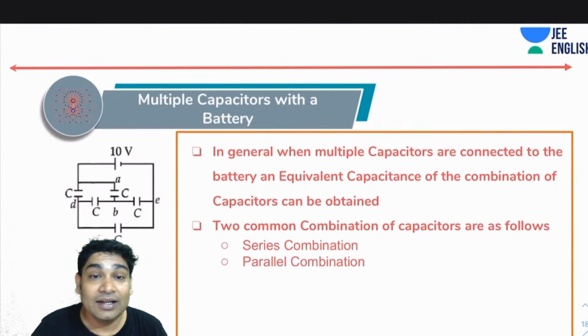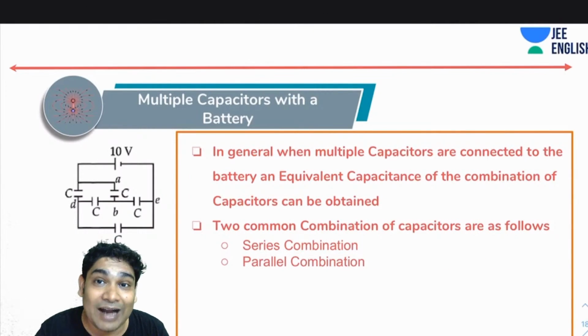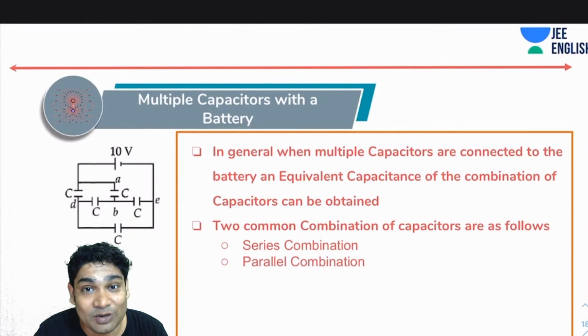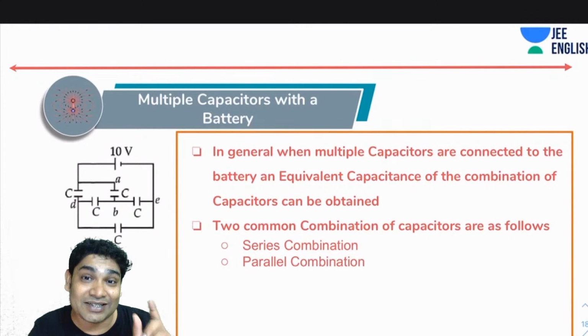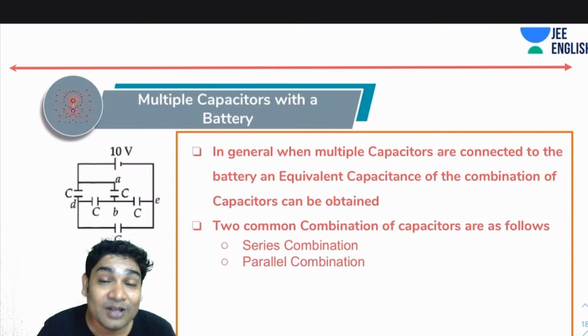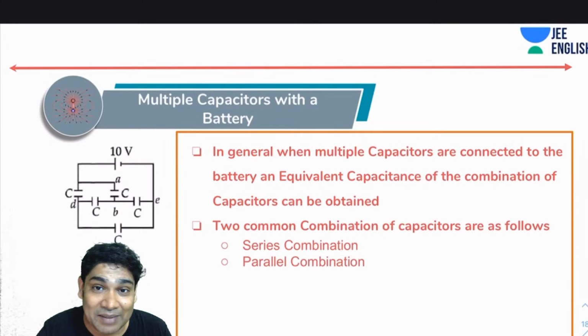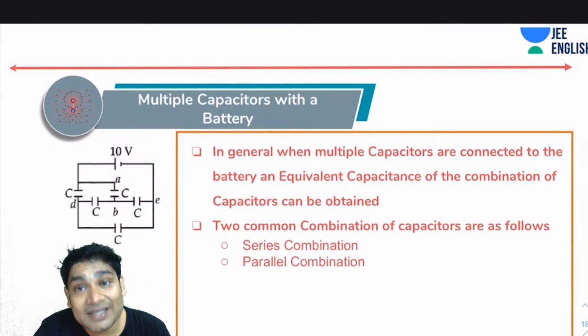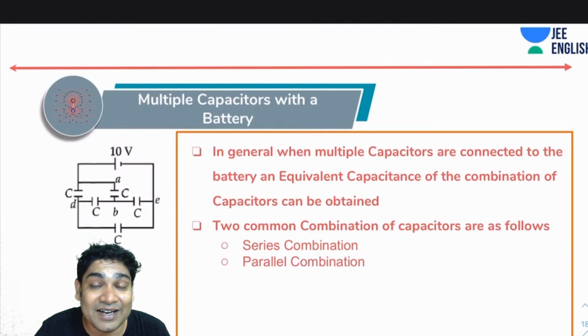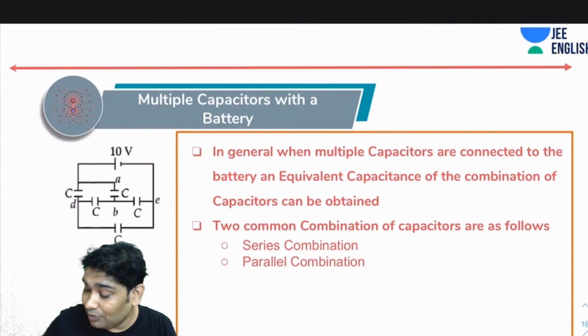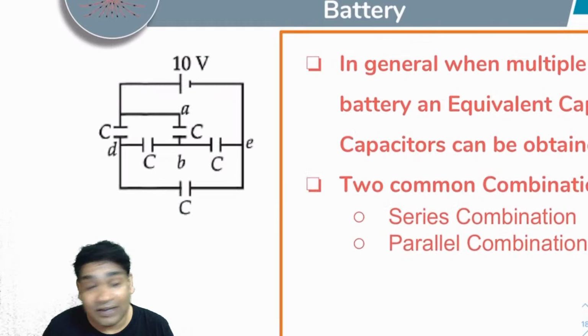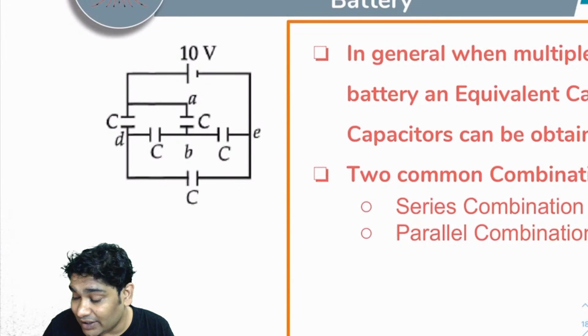Alright, next, let's talk about multiple capacitors connected to a battery. So till now we saw the behavior of one capacitor if we connected it to a battery. Now what happens when I connect multiple capacitors to a battery? In general, whenever multiple capacitors are connected to a battery, an equivalent capacitance of the combination of capacitors can be obtained. So I have taken up an example where there are so many things.